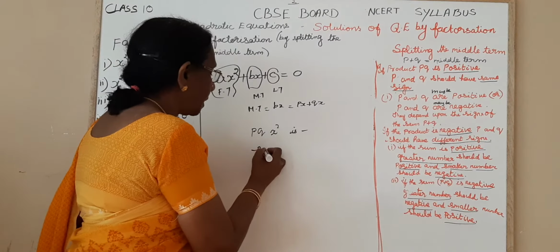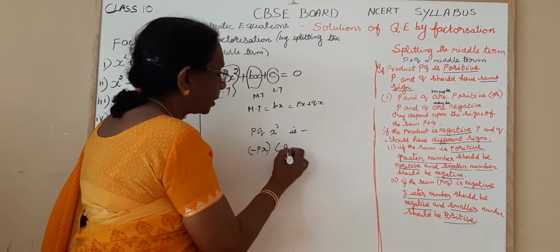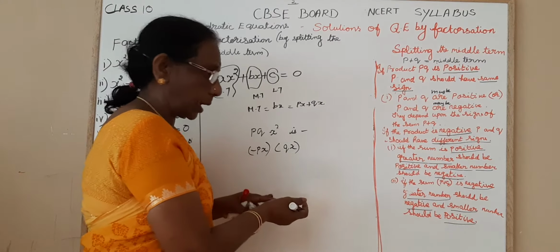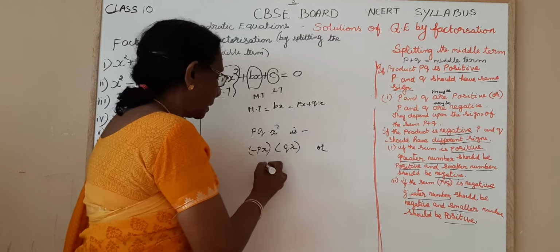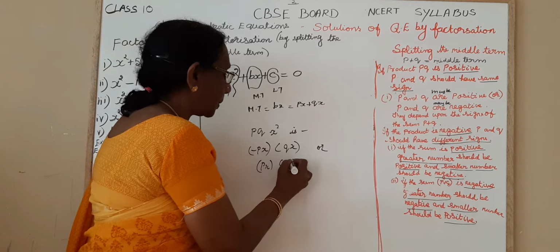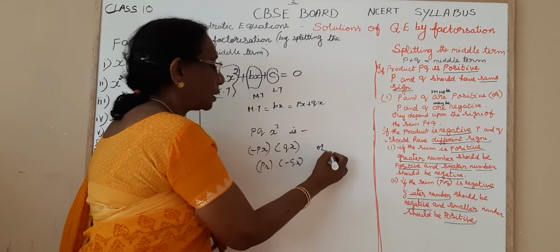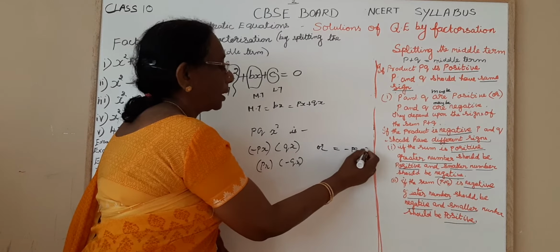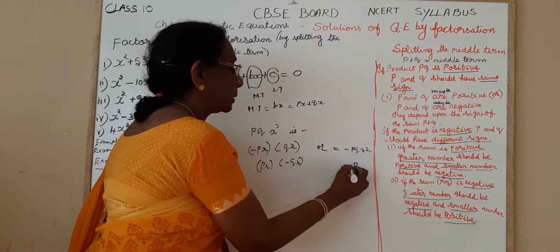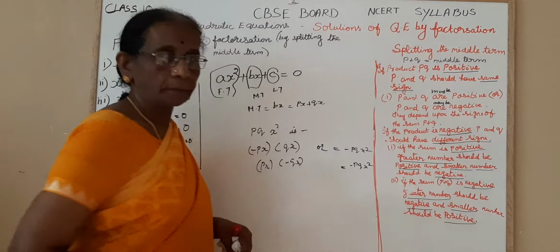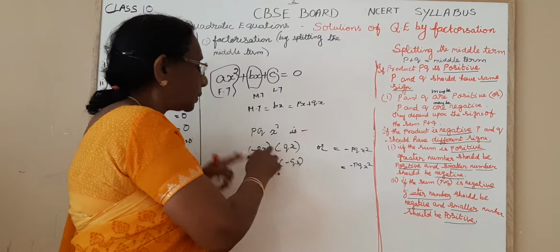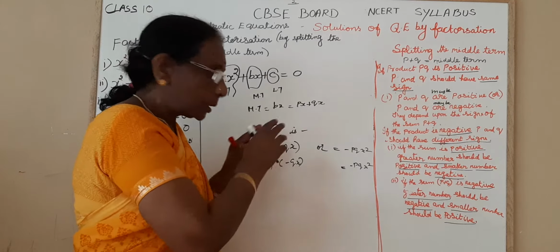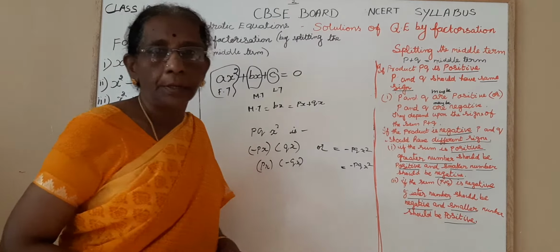So it may be minus Px into Qx, or Px into minus Qx. Then only you will get minus PQx square. Okay, so we are multiplying two terms. Among the two terms, one should be negative. Then only the product will be negative.